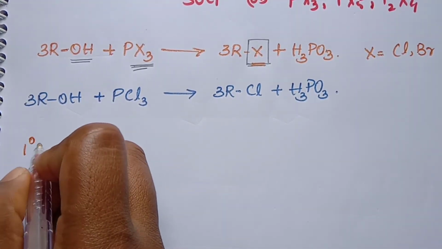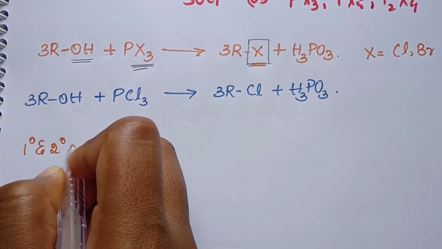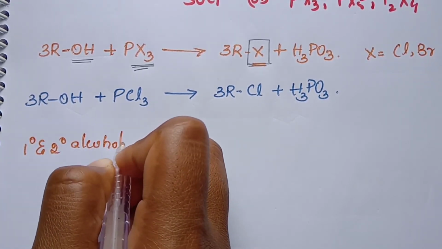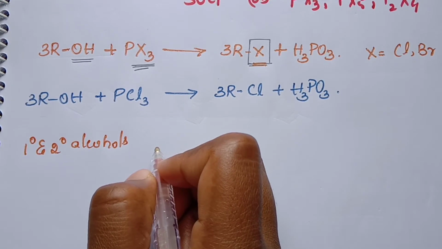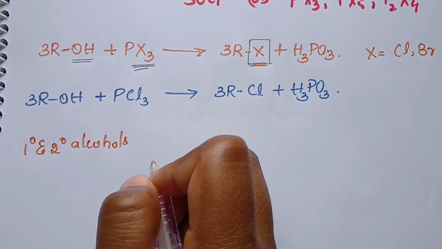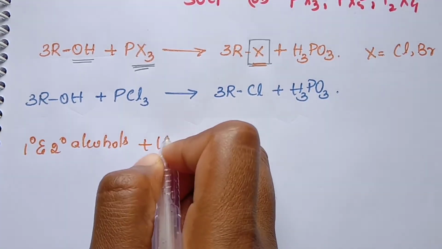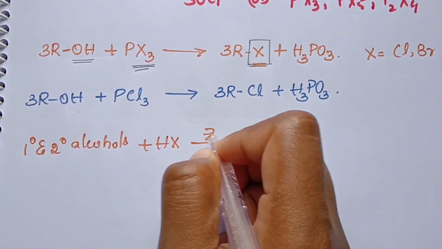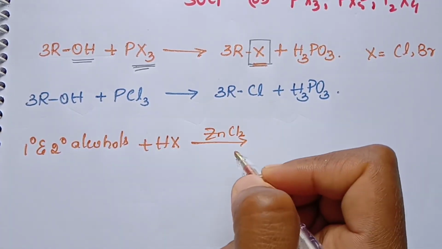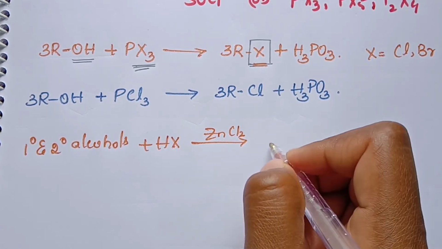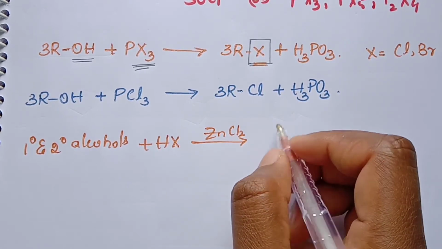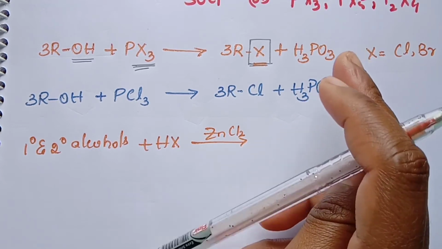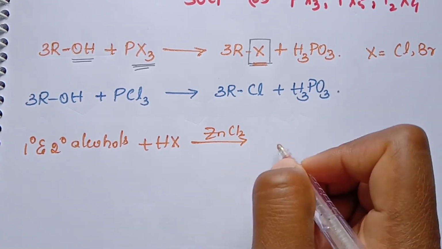Primary and secondary alcohols will be treated with the halogen acid. A catalyst, ZnCl2, is required, and then they form alkyl halides.